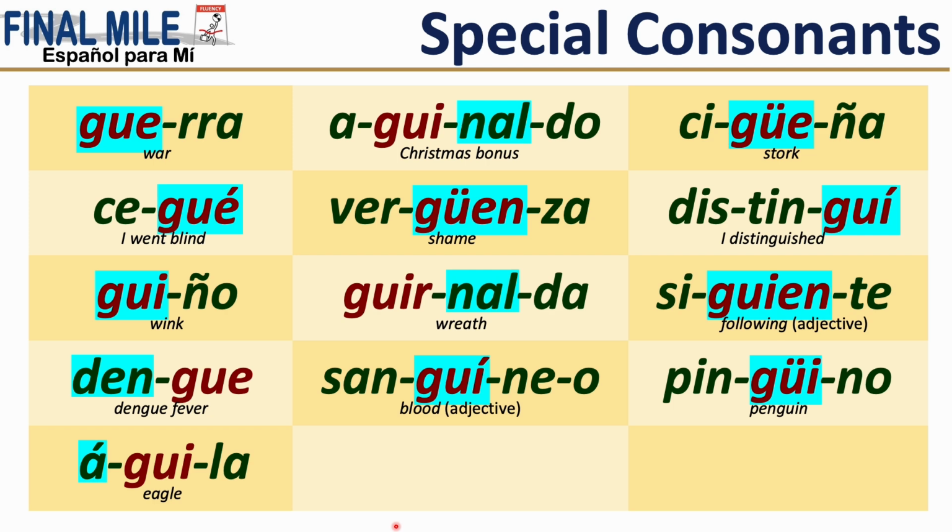G. The U is silent between G and I. Águila. Ooh, interesting. Come on, take on this challenge, okay? So, we have a graphic accent, so no questions about where pronunciation emphasis goes, okay? Is that a silent U or a voiced U? Okay, hopefully you said voiced. So what is that syllable going to sound like?